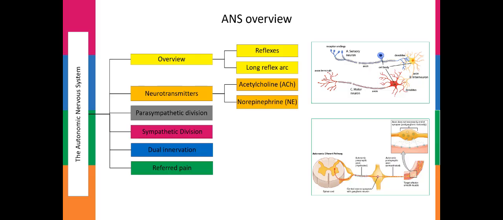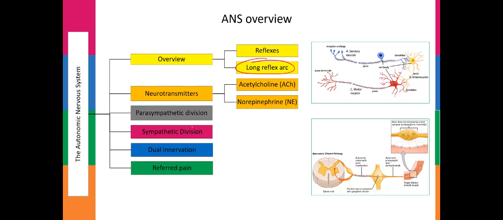So, just to give you an overview of what we're going to cover today, we're going to start with an overview of what a reflex is, focusing on the long reflex arc. We're going to talk about the neurotransmitters that are found in two divisions of the autonomic nervous system, and those two neurotransmitters are acetylcholine and norepinephrine.